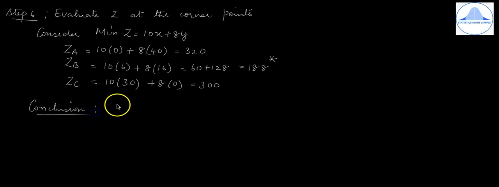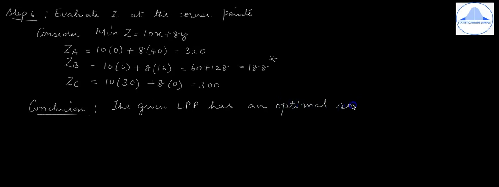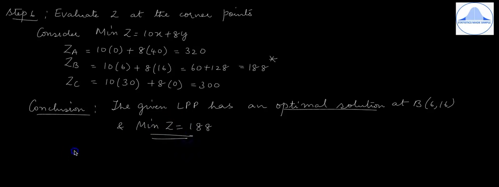So conclusion is the given LPP has an optimal solution at, you should write the point B 6, 16, and the minimum value of z is equal to 188.